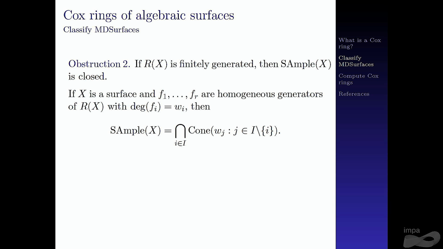Then it can be proved that the semi-ample cone of the surface equals the intersection of these cones, which are the cones obtained leaving out one of the degrees and taking the cone over the others. So you take each one, you leave it out, you form a cone, and you intersect all of them.